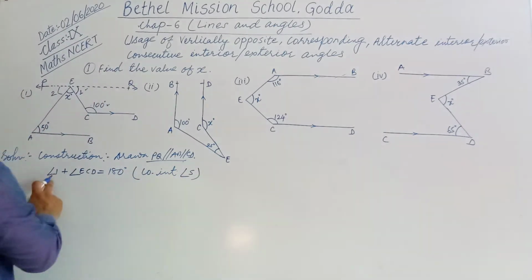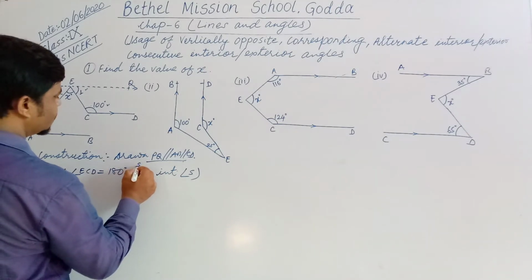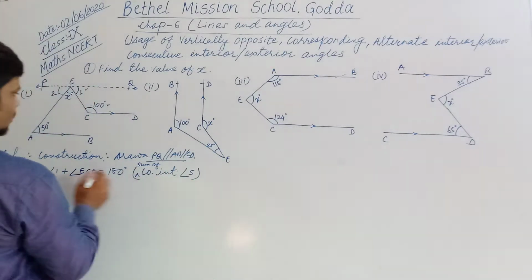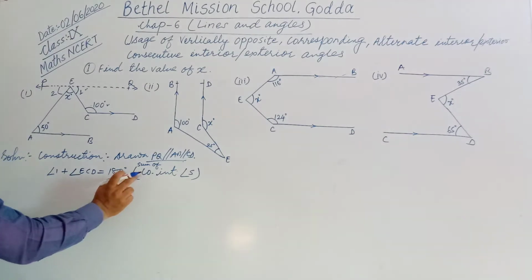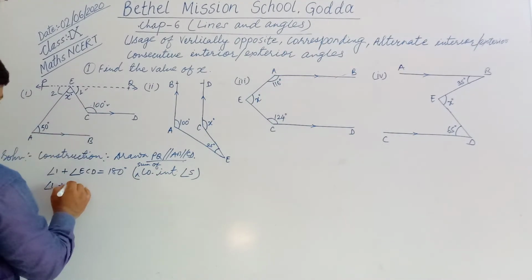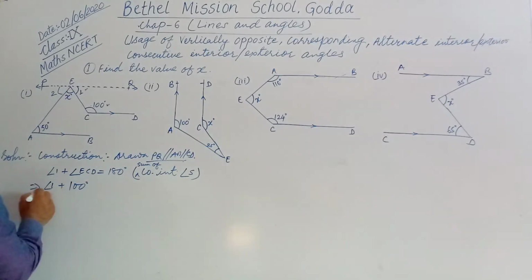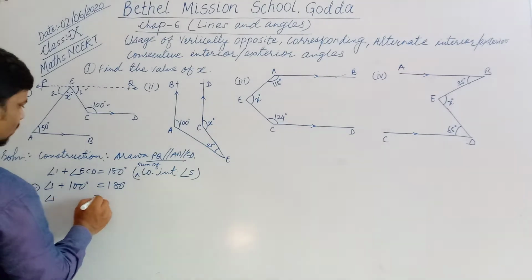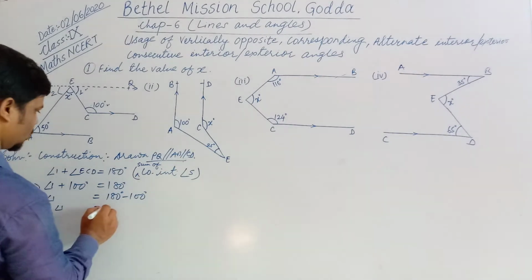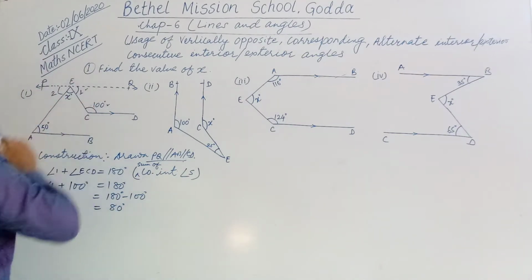Because these two are co-interior angles and their sum is 180 degrees, we use the sum of co-interior angles. This is the property and this is the reason we need to put. This is very compulsory. After that, angle 1 plus angle ECD, that is 100 degrees, equals 180 degrees, or angle 1 equals 180 degrees minus 100 degrees. Therefore angle 1 equals 80 degrees.